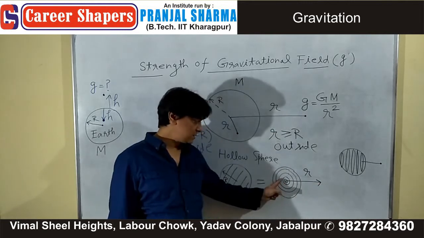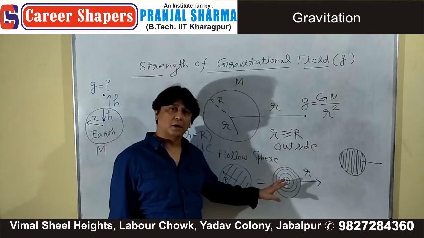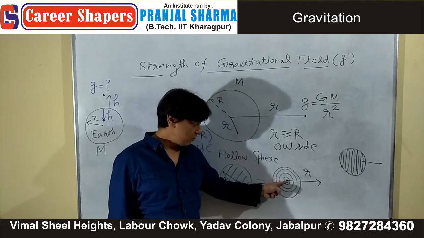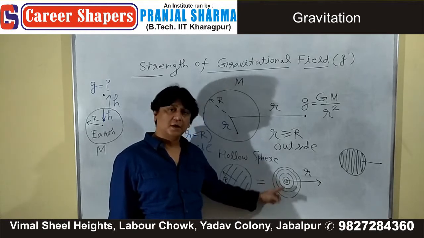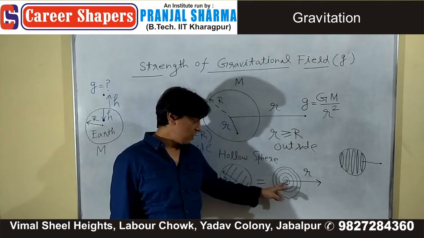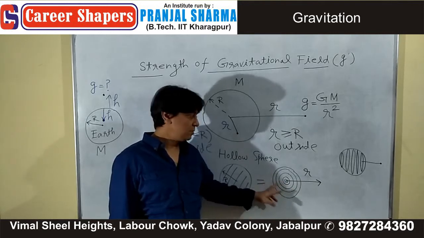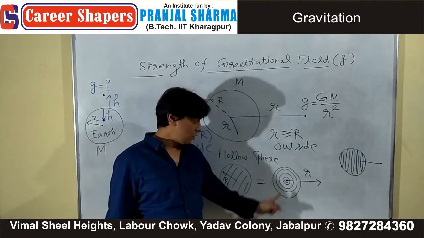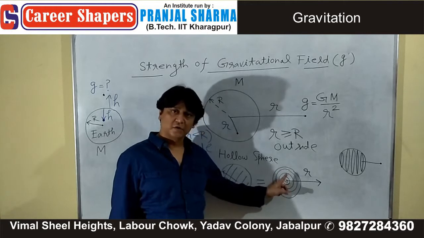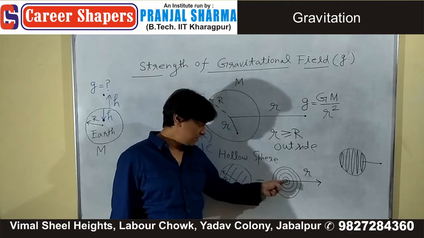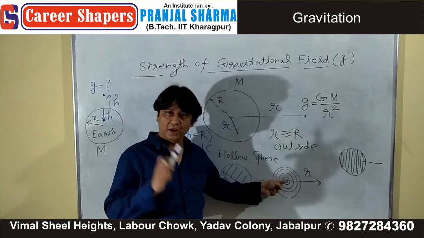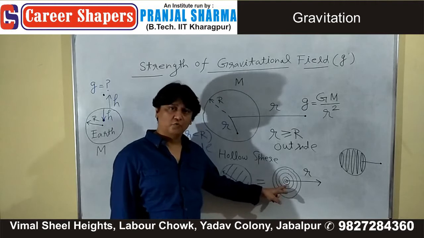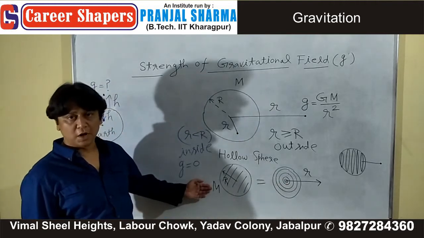And therefore, you can replace all that mass of the second hollow sphere with a point mass placed at the center. Now, keep on repeating this for all these hollow spherical shells because this point is outside of them. Once you say that all these spherical shells have their mass centered at the center of the solid sphere, that means now at the center we have a total mass of m.